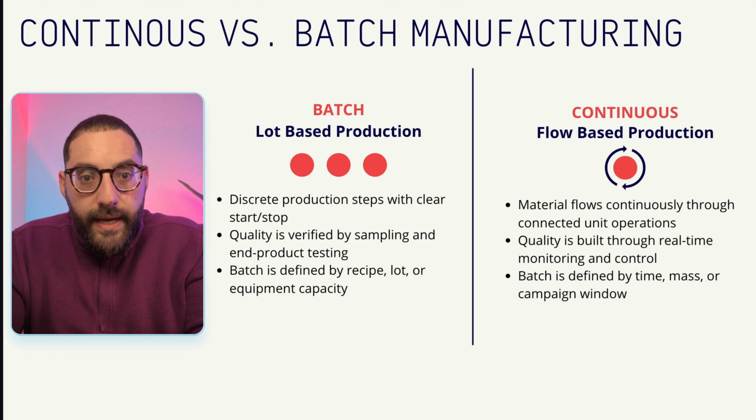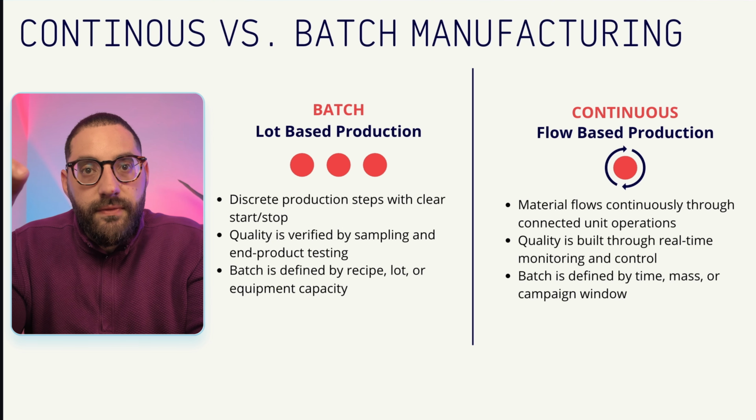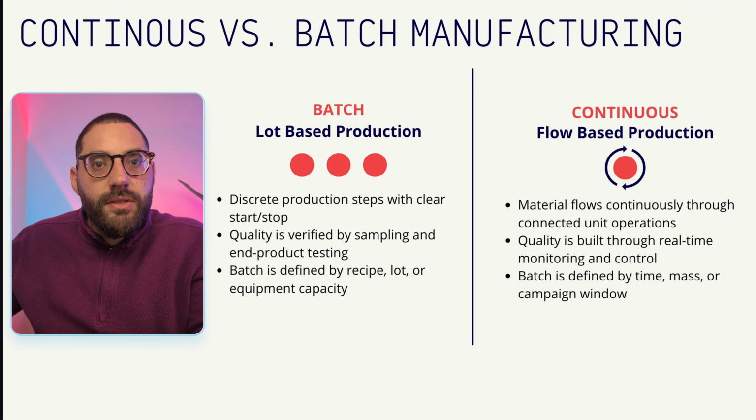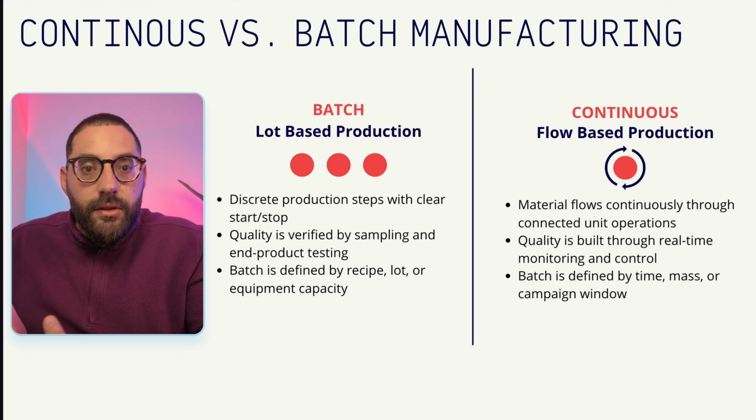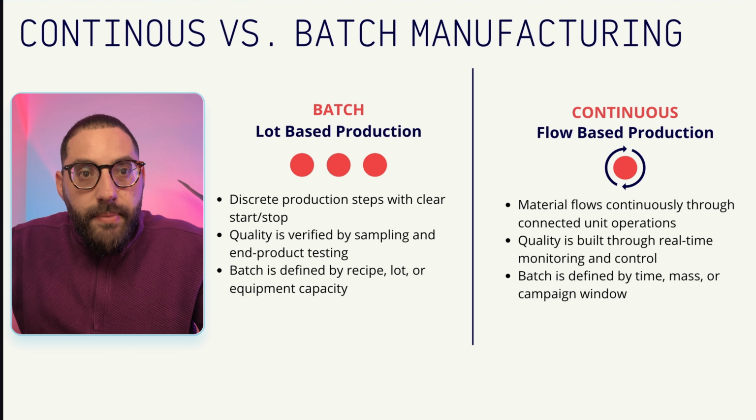And despite the fact that it's called continuous manufacturing, regulators still expect manufacturers to define batches. And like we said, that's really important because your quality system depends on batches. Your investigations, your recalls, your releases, your trending, stability programs, they're all organized by batch.